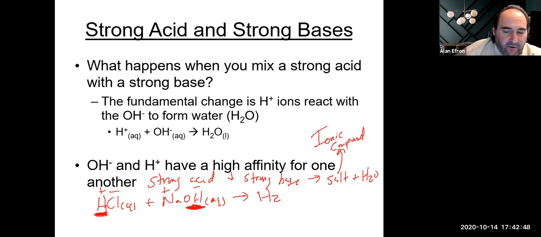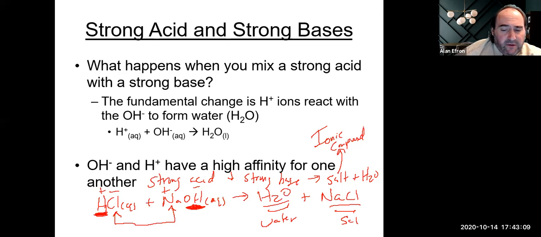That is where our water comes from. So the H plus from the acid and the OH minus from the base gives us our water. And the other part of it comes together to make our salt. So sodium that has a +1 and chlorine that has a -1 comes together to make sodium chloride. So this is our water and our salt here.